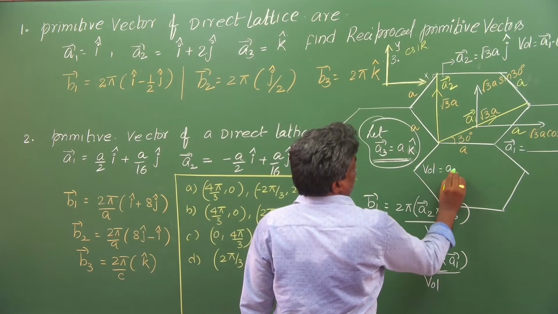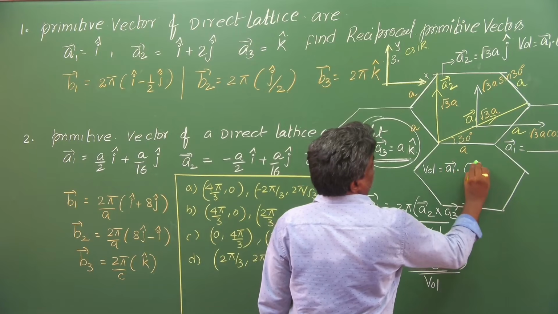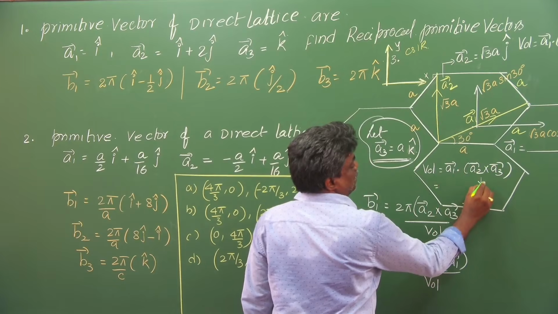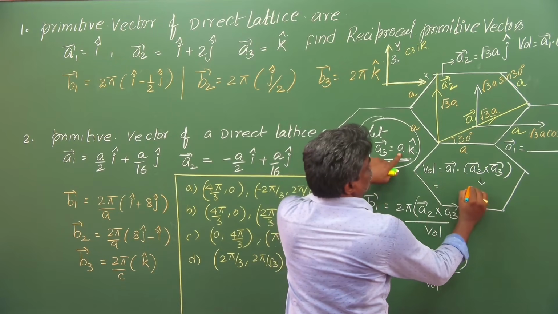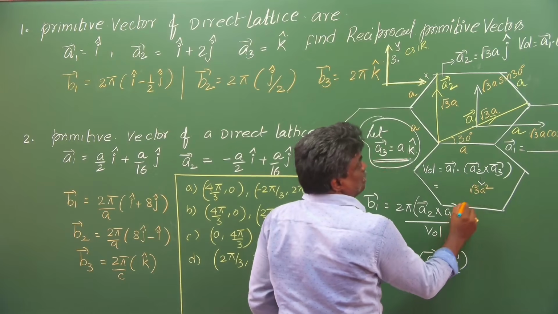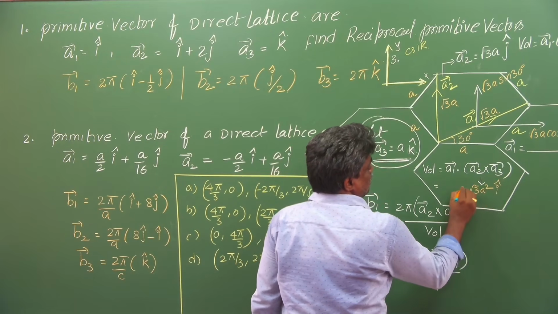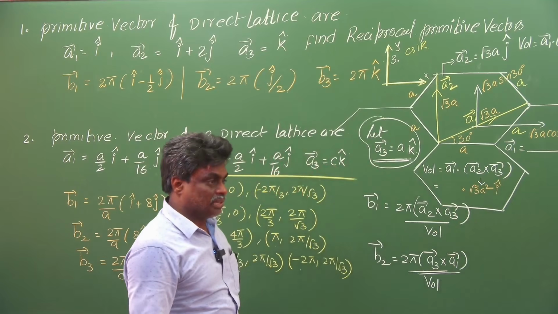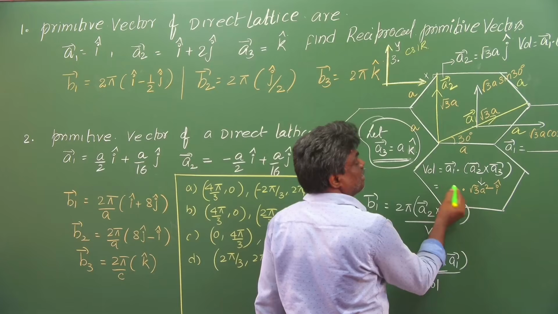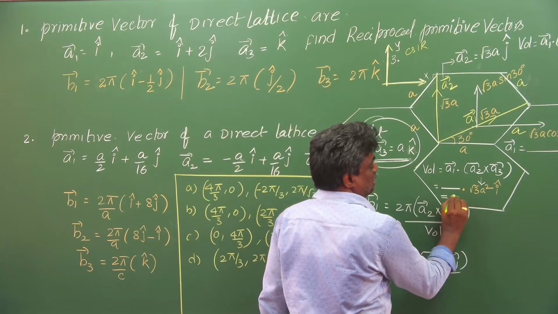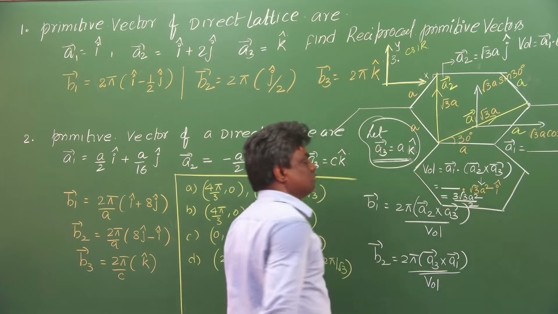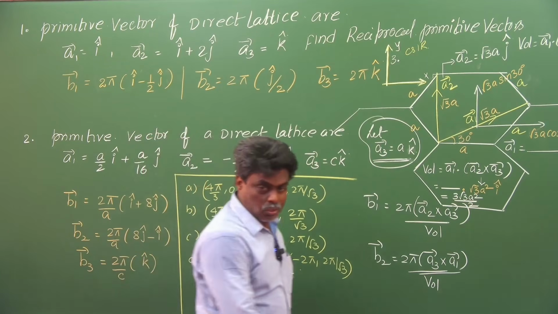A2 bar cross A3 is A into √3A, which is √3A squared, j cap cross k cap gives i cap. So the volume is 3√3 by 2 A cubed.